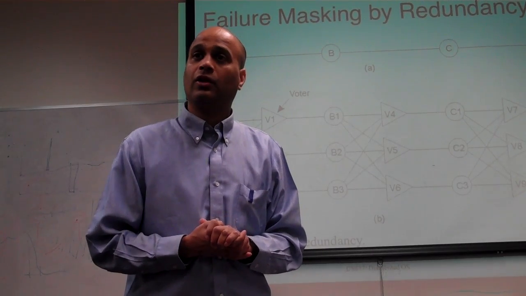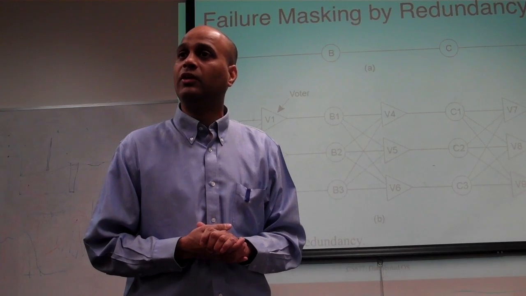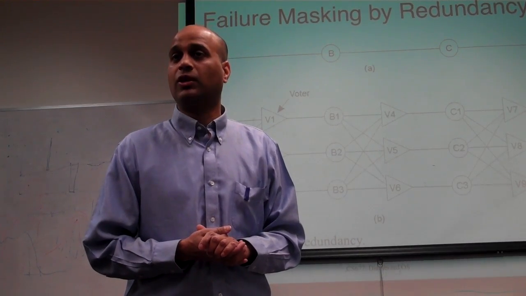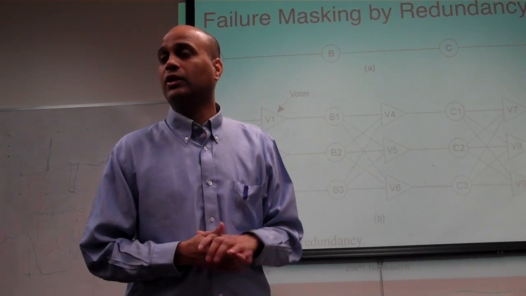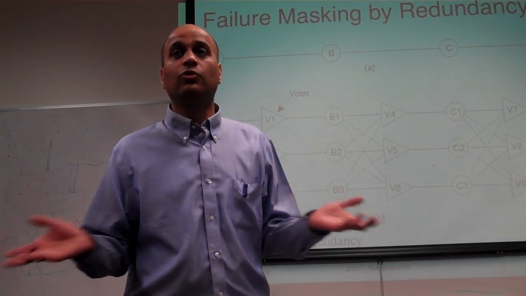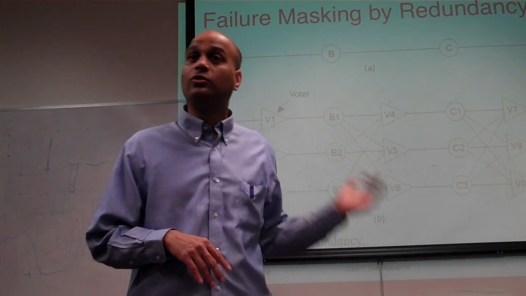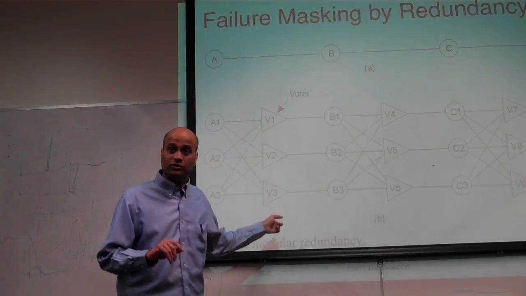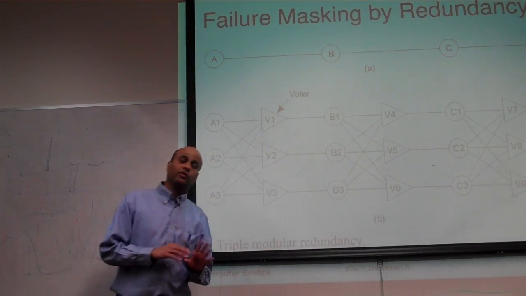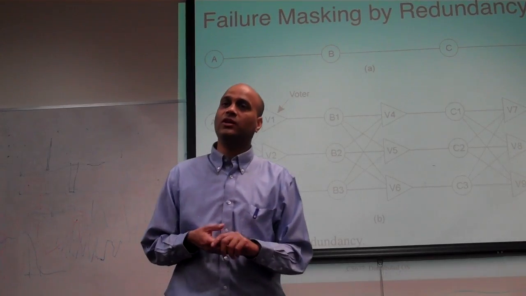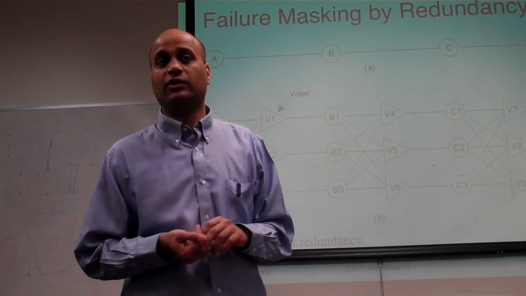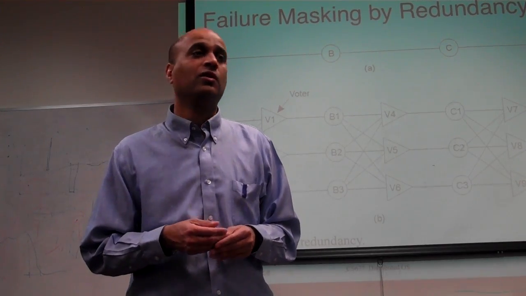The output of the voting will tell you what the right output is. If some components are faulty, they'll produce wrong results, but then you vote on the results and see what the right result is. We are going to use the same exact principle, although this is meant for hardware design, to design reliable software, even though the components are faulty and going to produce bad output.